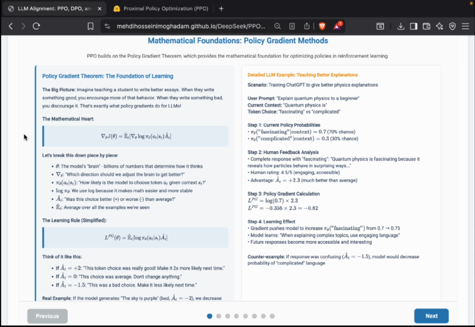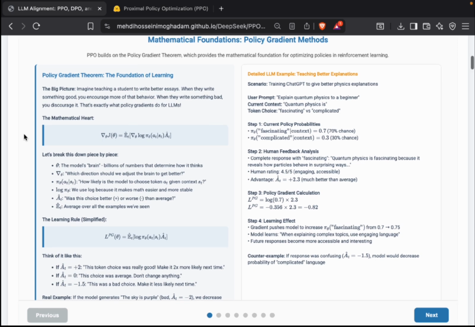First, let's try to understand a couple of mathematical foundations and policy gradient methods, and so on and so forth. And some parts of this section use reinforcement learning, which I'm not gonna explain in full detail here.